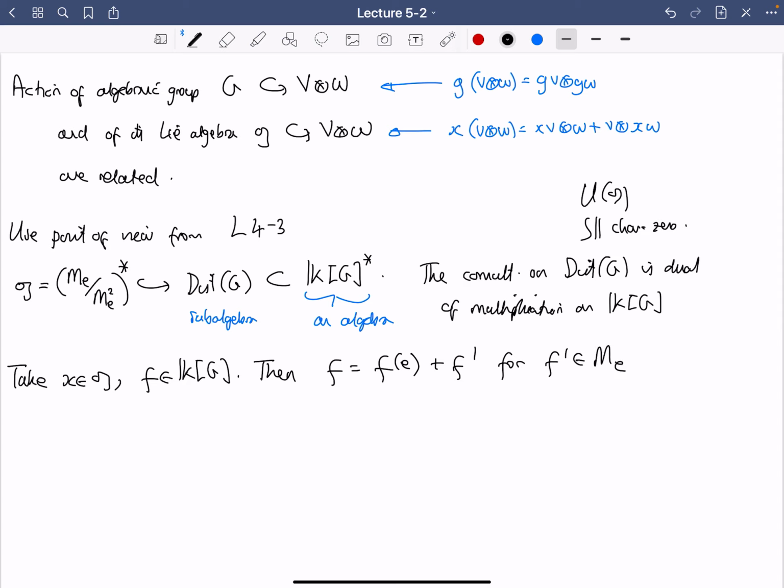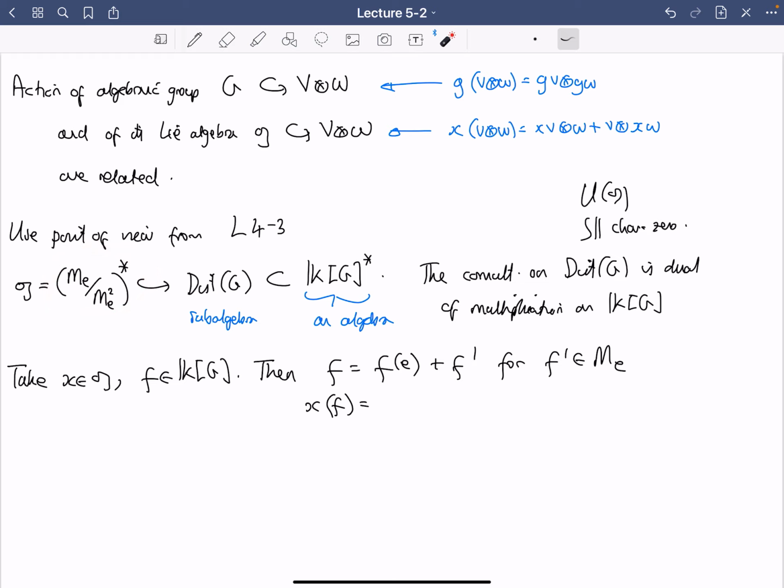Then x evaluated on f: I'm thinking of this x in the Lie algebra as being a function on M, which kills M squared.